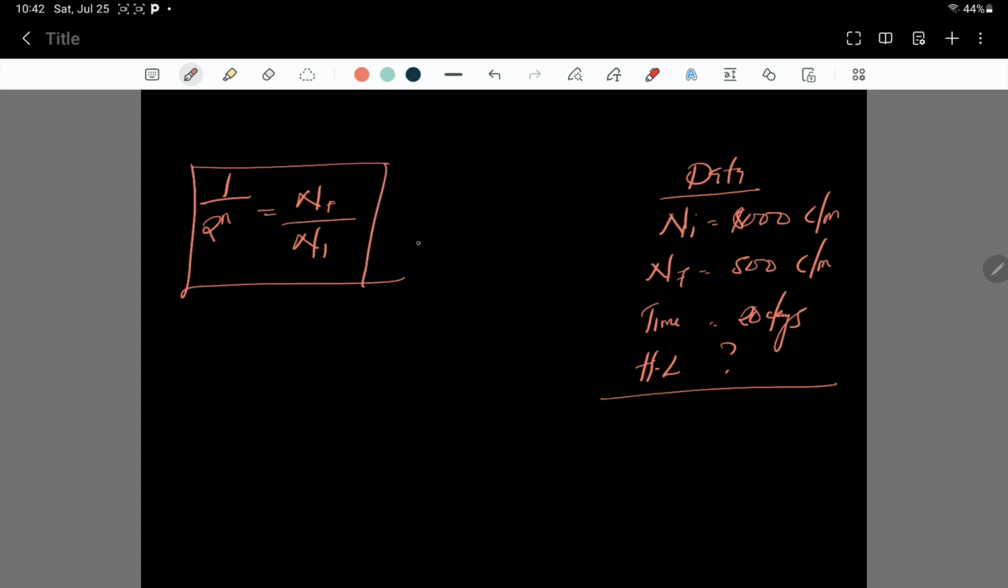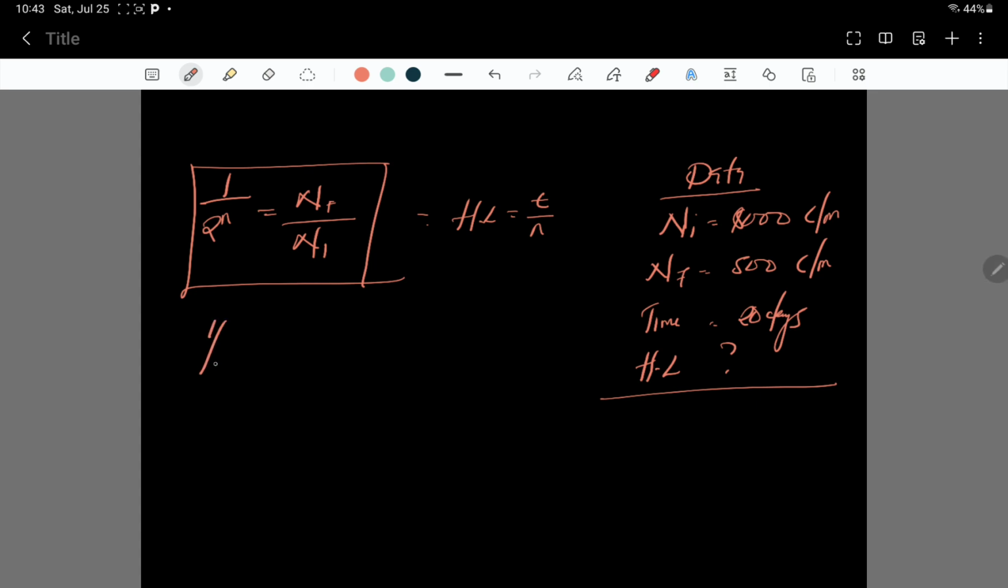After this formula, you can say half-life is equal to time over number of disintegrations, how many times it disintegrated for us to get the half-life.